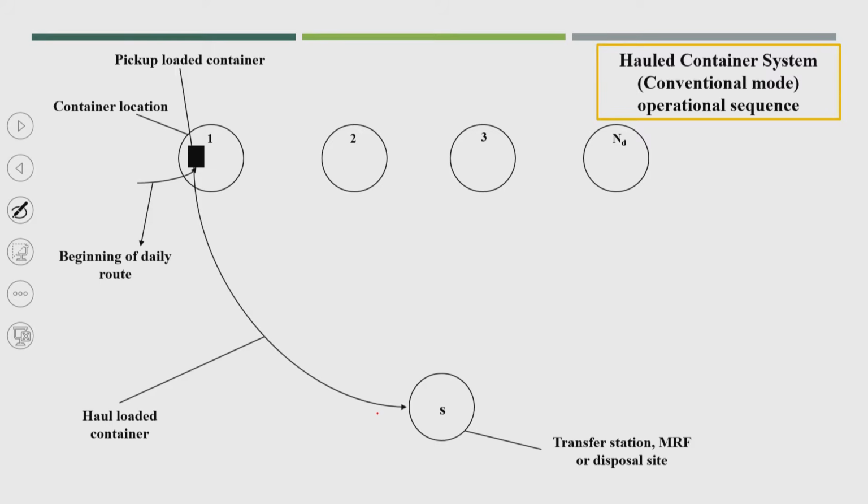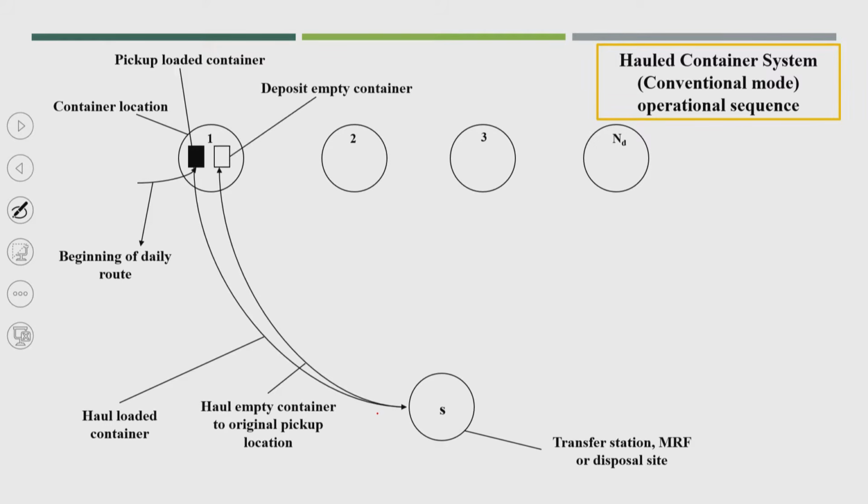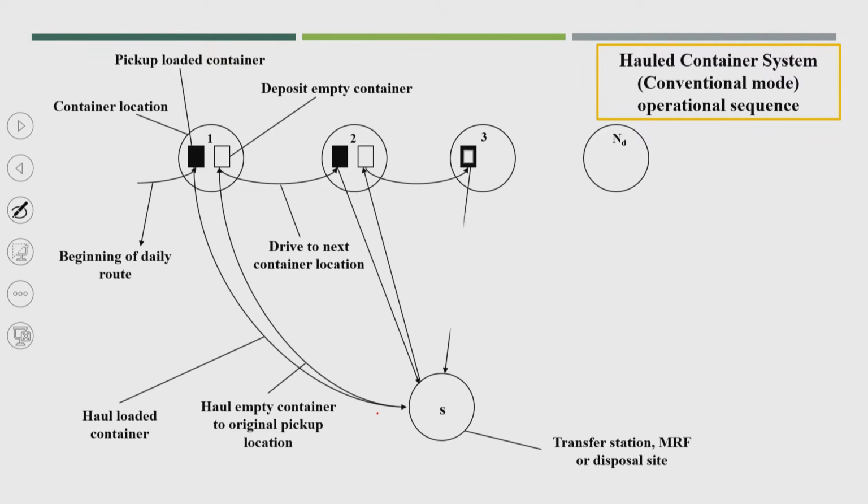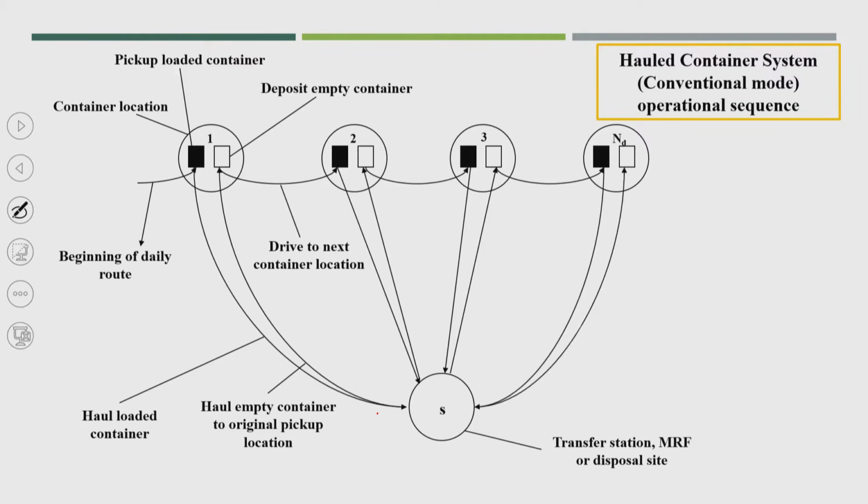It then returns to the same location and deposits the empty container. Similarly, it goes to the next location and follows the same way of operation until the nth location, and finally it ends the daily route once the time in a day is over. This is one way.